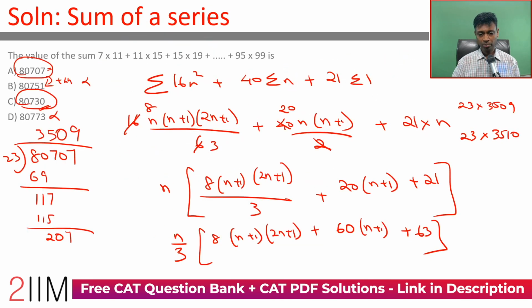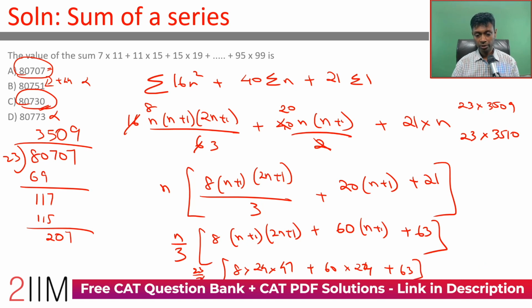So n by 3, 23 by 3 into 8. This is 23 by 3, 8 into 24 into 2 into 23, 46 plus 1, 47, plus 60 into 24 plus 63.